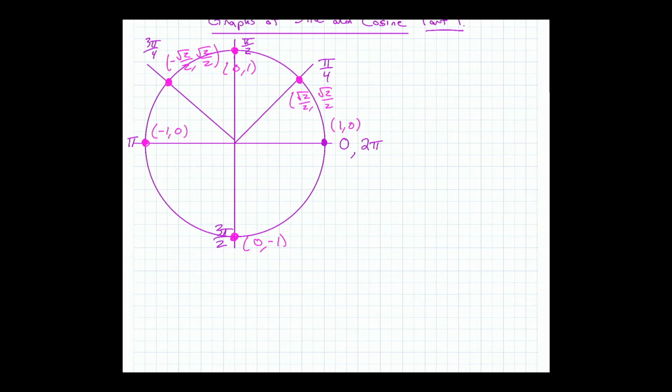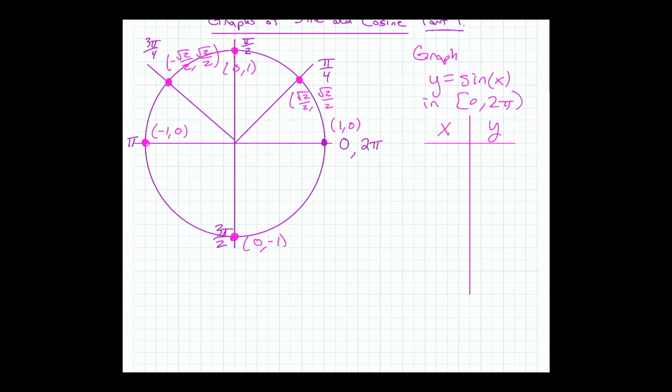Let's say we want to graph y equals sine x, just in 0 to 2 pi, just that region. You should remember how to graph a function: we just need a table of x and y values. So let's put them on here.